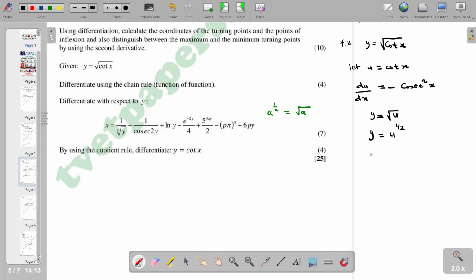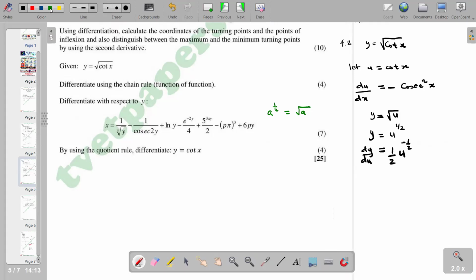Then from there, we can now differentiate. So dy du must be equal to, bring down half. Then we are left with u to the power half minus 1, which becomes a negative half. Remember what we did there?